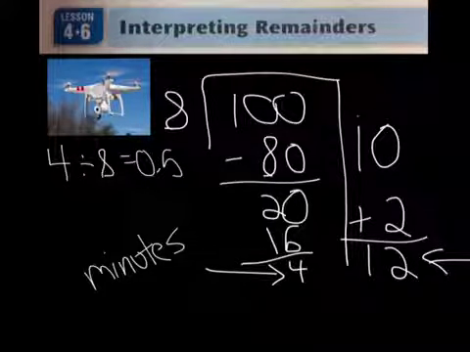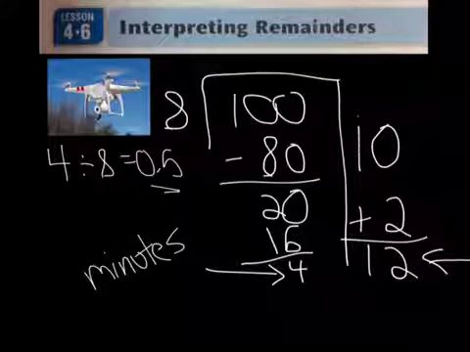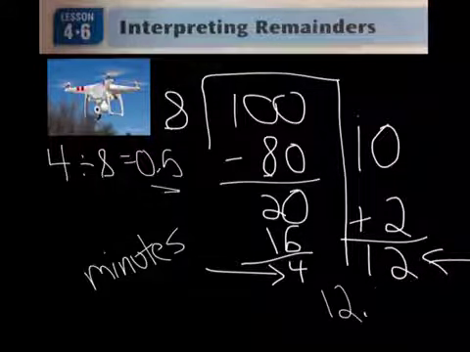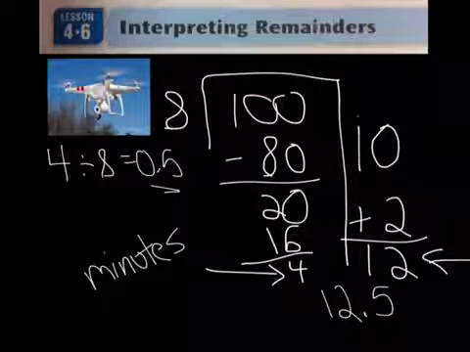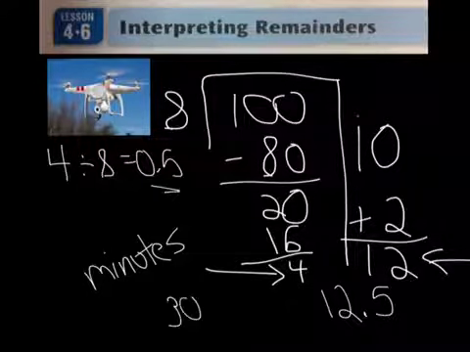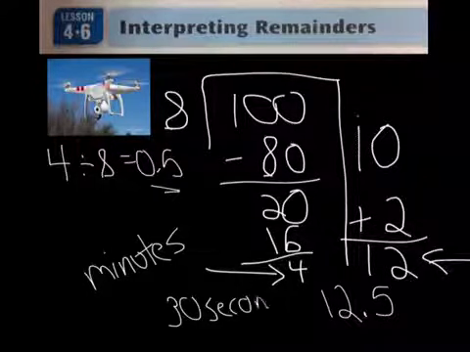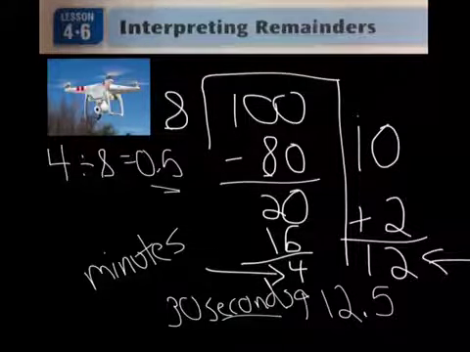So that's half of a minute. So it would add to the minutes here, so it would be 12.5. And that's what you would have per student. Each student gets an extra 30 seconds, because we use the remainder.